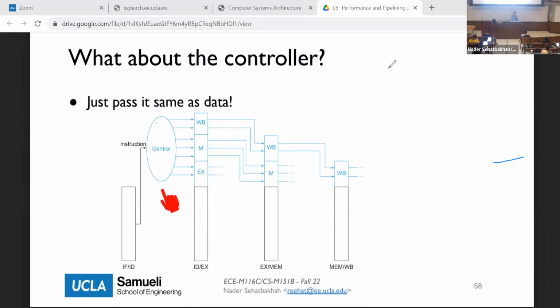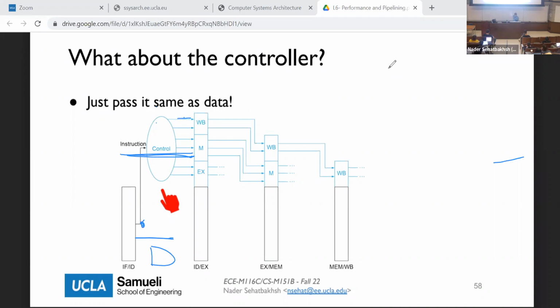So remember that our controller in our original design was getting the instruction in the decode stage, right? So every instruction that comes into the decode stage has to go through the controller. In the controller, within the same cycle, the controller makes a decision about all these control signals: the ALU source, the PC source, branch, ALU op, and all those things that we discussed.